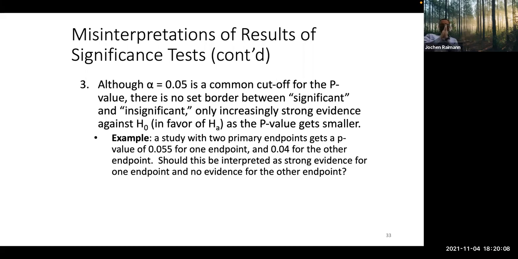It was from Fisher, a famous statistician, whose name is also attached to Fisher's exact test. Fisher was a famous statistician in the 20th century, and he had a publication in the 1950s or 60s where he mentioned this 5% cutoff value. Since then, this has found its way into the scientific community. But that doesn't mean that this is always to be embraced.